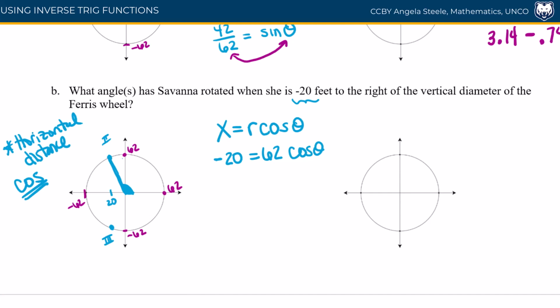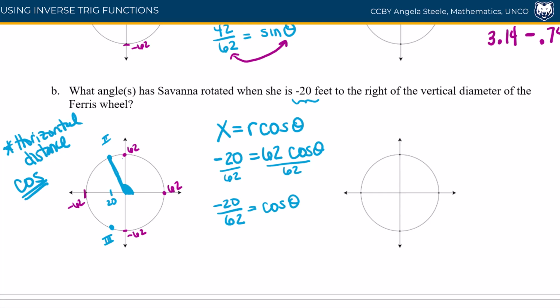And then just like before, we want to solve for that angle. So that means we want to isolate that angle. We first are going to divide by 62. So we are left with negative 20 over 62 equals cosine theta.